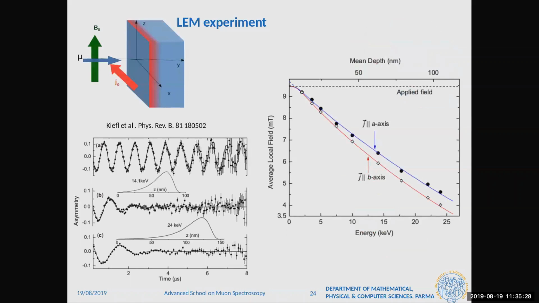But here is above TC probably, or just in the first layer outside, but I doubt it because it's not that. Then if you implant muons, you have two things. The first, which is important, that you implant them further in, so you're exploring this exponential decay, and you see that the frequency goes down as you go further in. This is the distribution of muons as a function of depth.